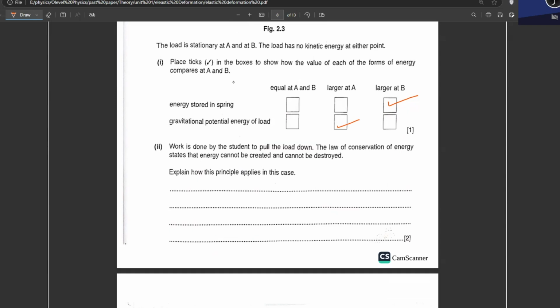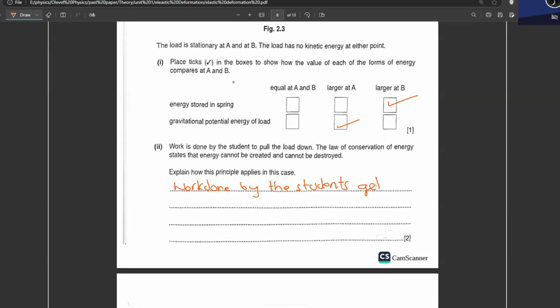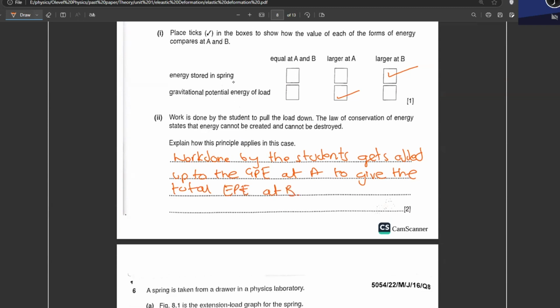So we can say the work done by the student gets added up to the gravitational potential energy at A to give the total elastic potential energy at B. Simple as that. Let's further move ahead.